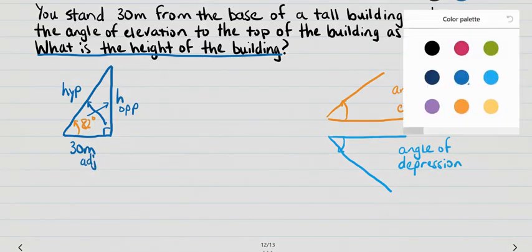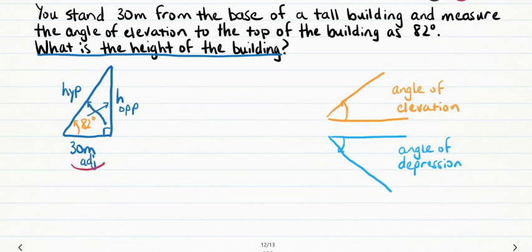So in this case, we have information for the adjacent side, and we're trying to solve for the opposite side. So these are the two side lengths that are involved in our calculation. Which trig ratio uses the opposite side and the adjacent side? Well, that's the tangent ratio. We know that the tangent ratio for any angle is the opposite over the adjacent.